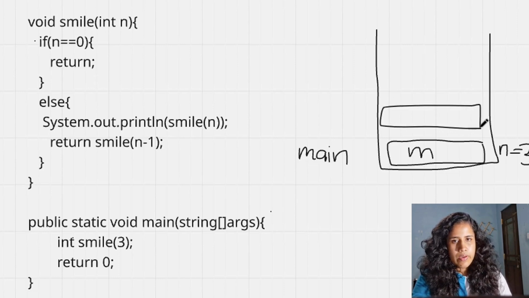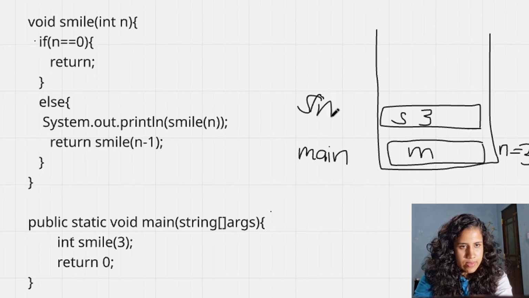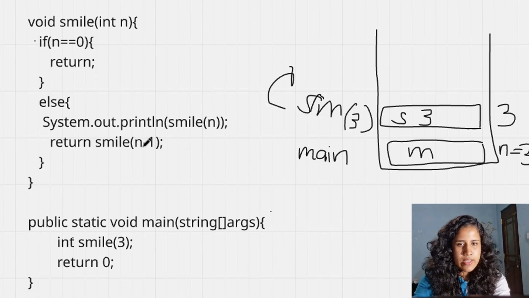So here void smile, int n is 3, if n equals 0, which is not, else system out print n, then smile n minus 1, which means 3 minus 1, it will return 2.